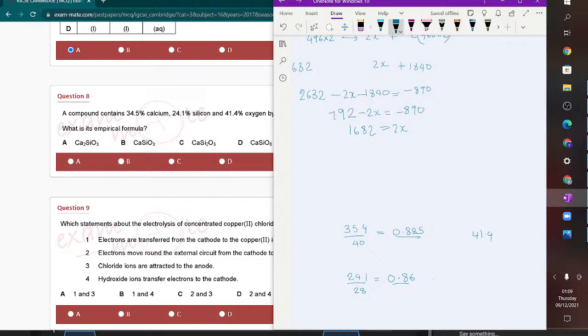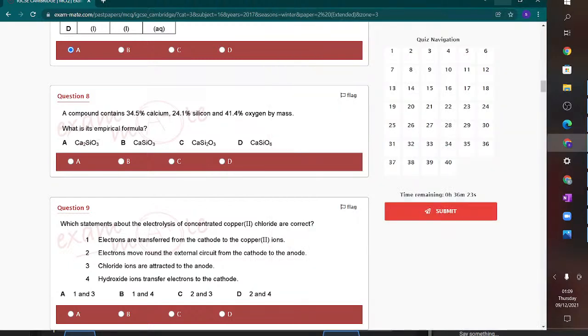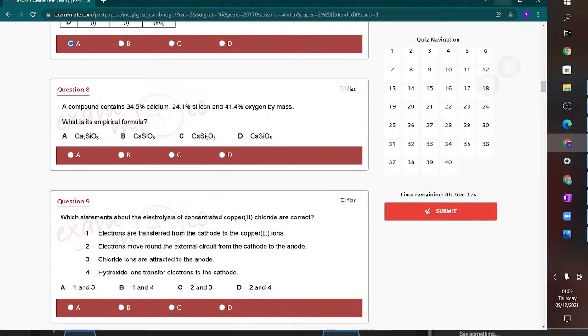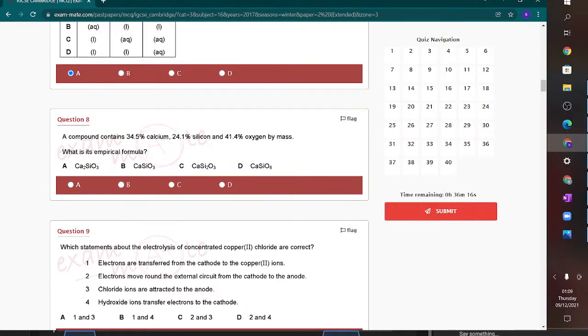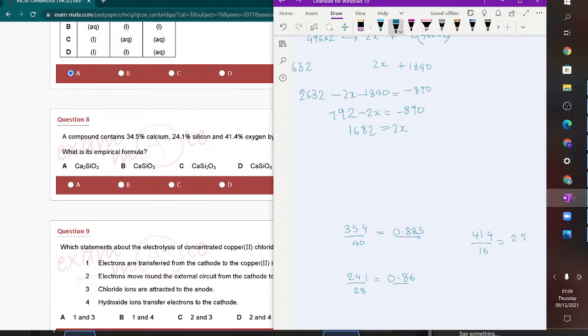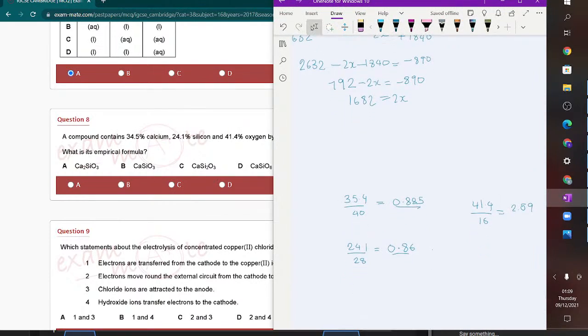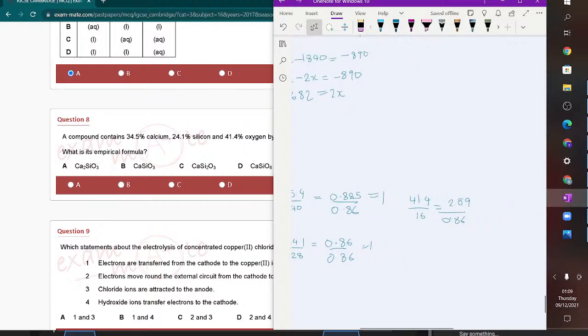And 41.4 upon 16, oopsies, that's 2.59. 2.59 divided by 0.86, that's 3. Okay, so I guess we have got our answer. It's B.